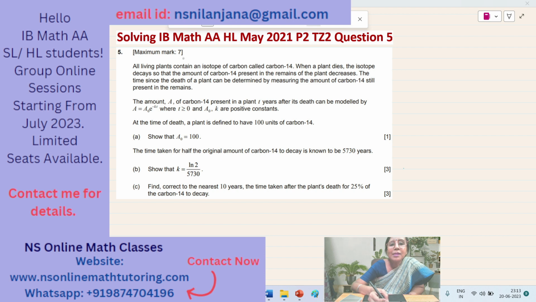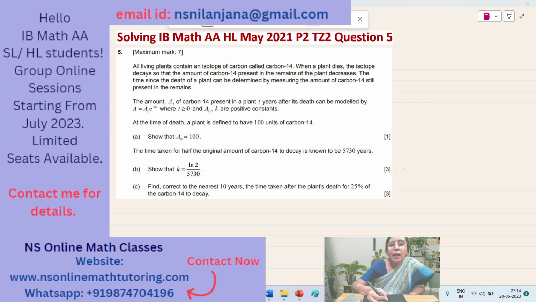The maximum mark is 7. All living plants contain an isotope of carbon called carbon-14. When a plant dies, the isotope decays so that the amount of carbon-14 present in the remains of the plant decreases. The time since the death of a plant can be determined by measuring the amount of carbon-14 still present in the remains.